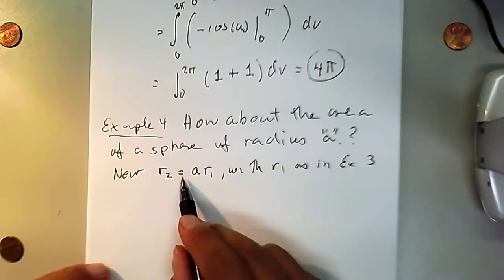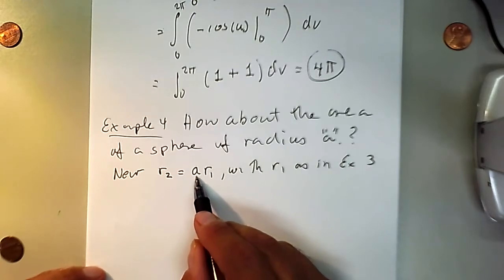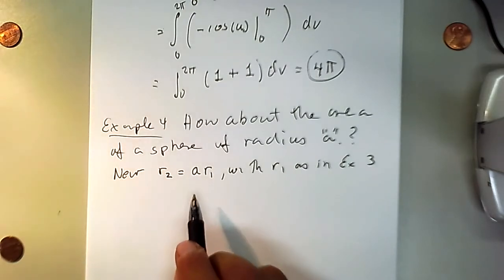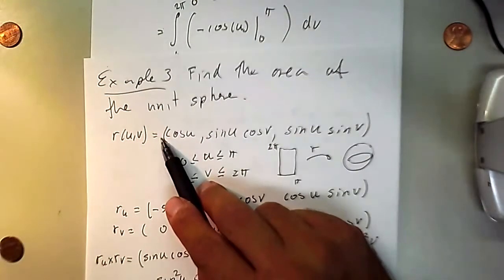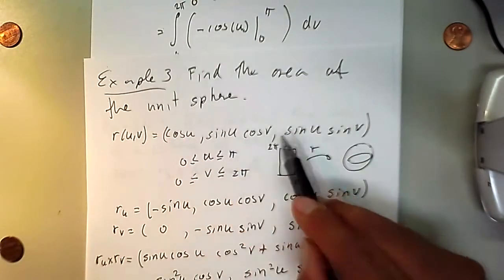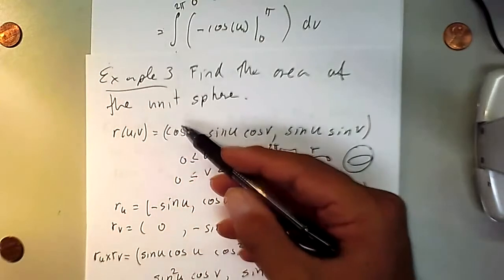There's no point in redoing everything if all we have is an extra constant a. So the a is going to be attached to this, and this, or you can factor it out and keep it outside. Probably we can keep it outside.